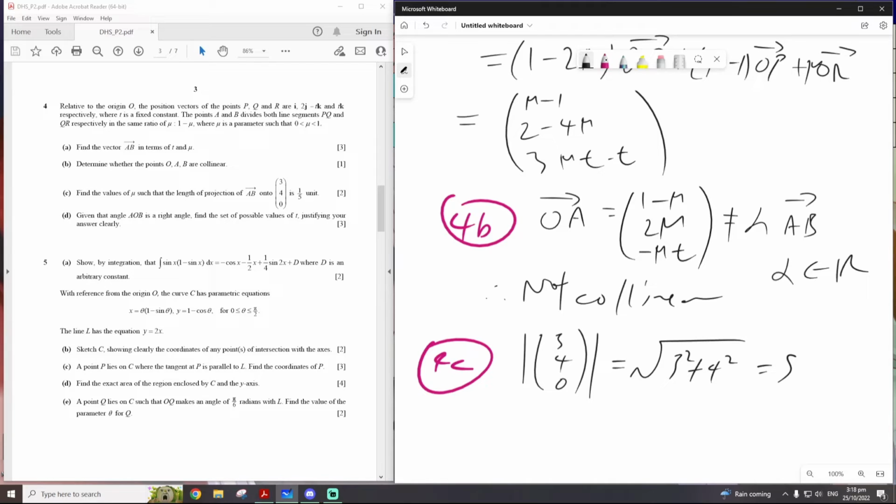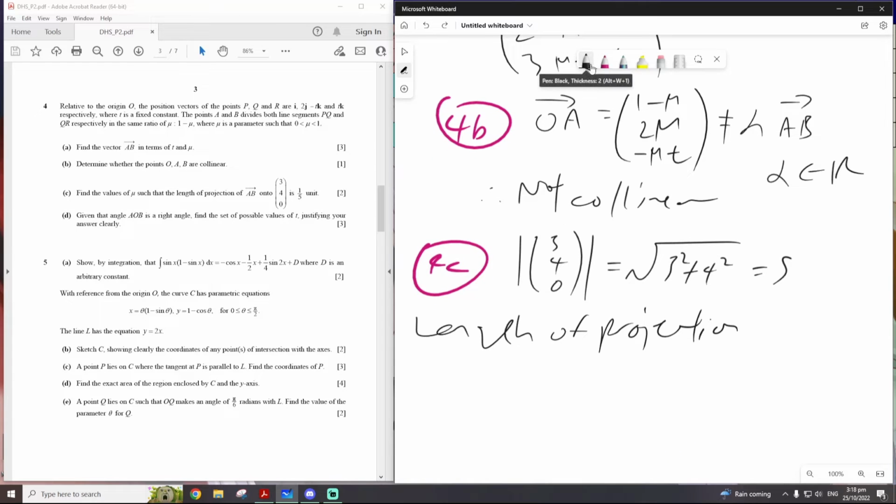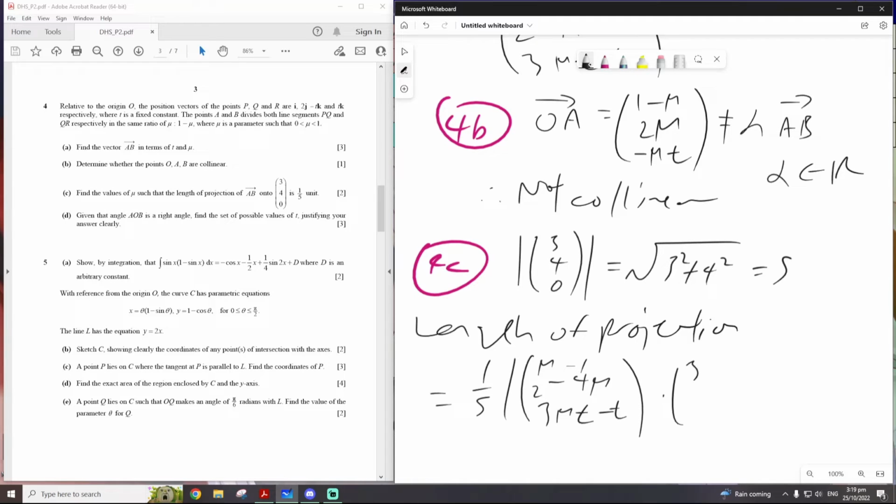So therefore we have to consider the length of projection, which is A dot d cap, which is A dot d divided by mod d. So this is 1 over 5 mod. So we dot the vector (mu minus 1, 2 minus 4 mu, 3 mu t minus t) with (3, 4, 0), and we figure out what this is.